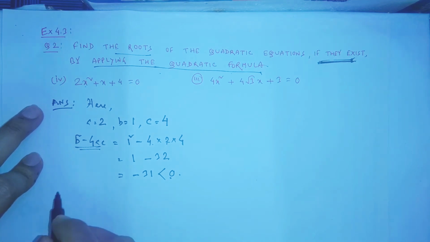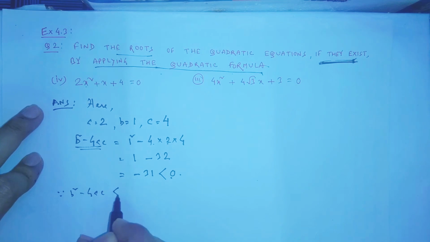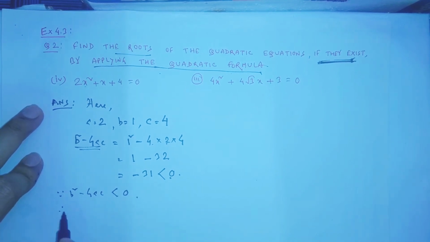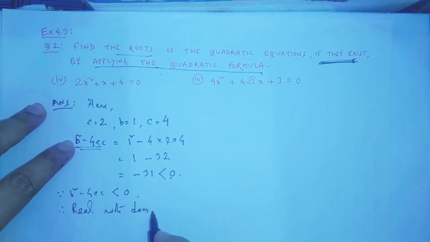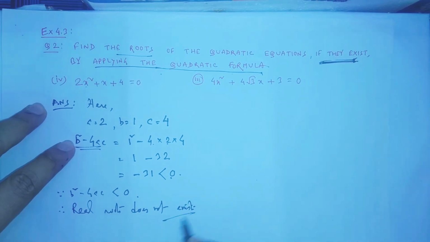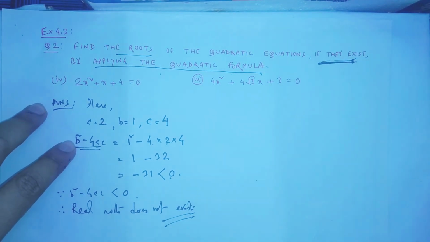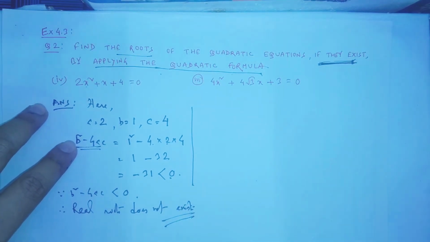So write down: since b square minus 4ac is less than 0, therefore real roots do not exist. Since they do not exist, there is nothing to find. This is how you have to find the solutions.